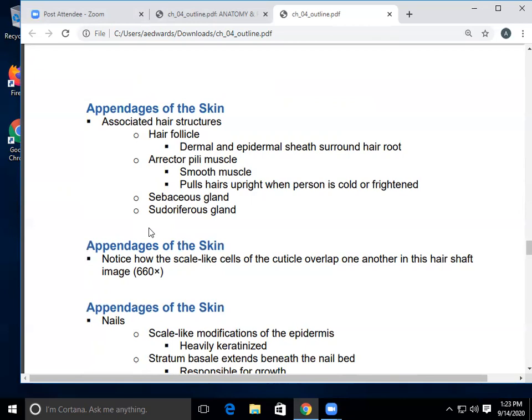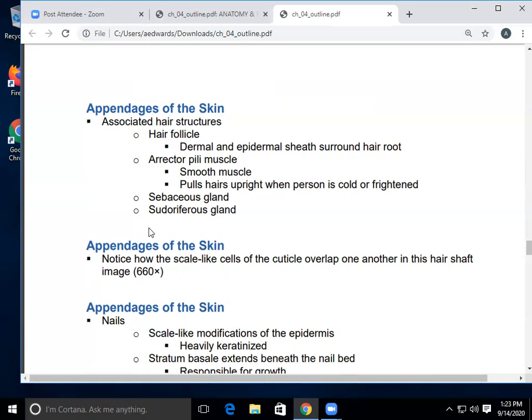So again, looking at a chunk of skin. If we got basically our dermis down here, got some hair follicles going through the dermis and the epidermis.